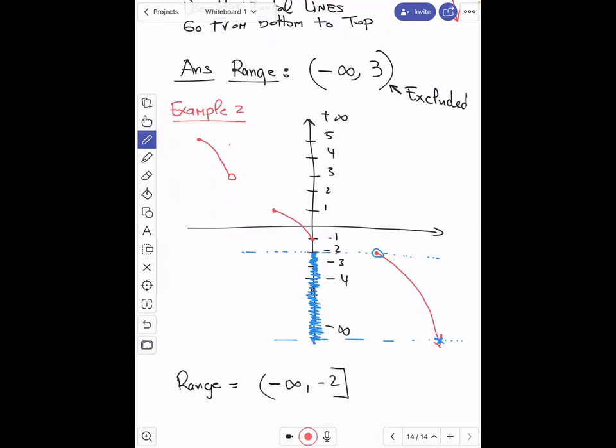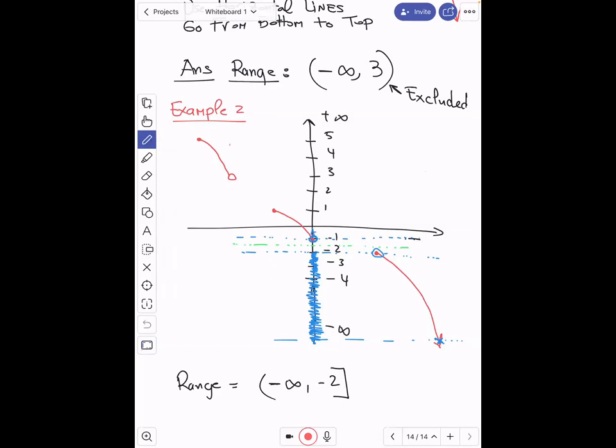-2 is included, of course, but we have to stop at -2. I'm going to use a different color, let's say green. As you can see, between -2 and -1 there is no intersection. Now we're going to have a second interval, which starts at -1. At -1 we do have an intersection right here.